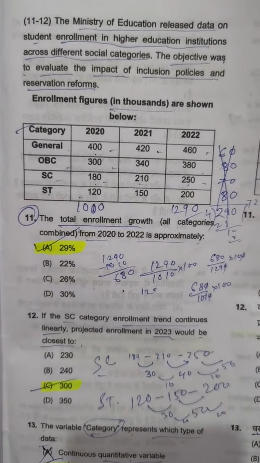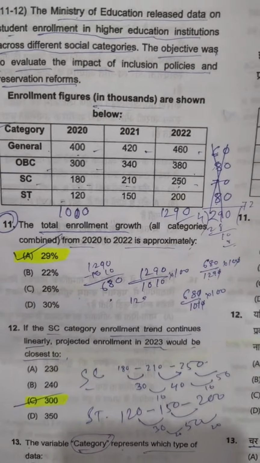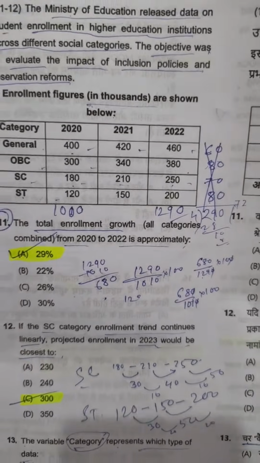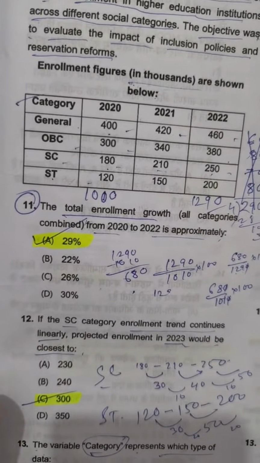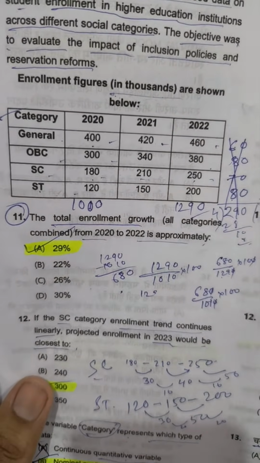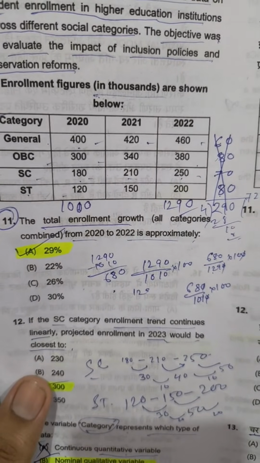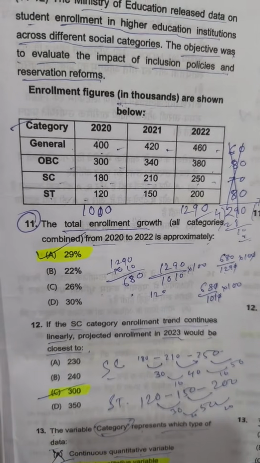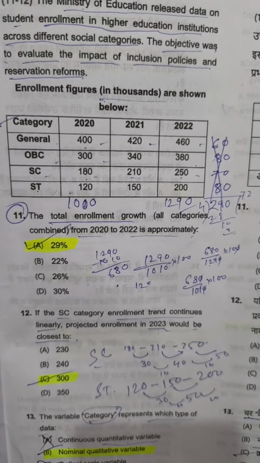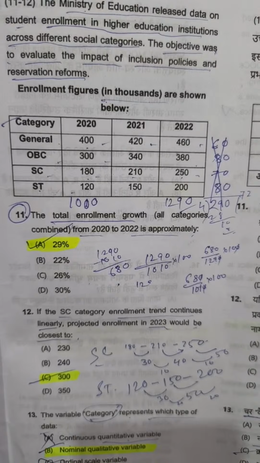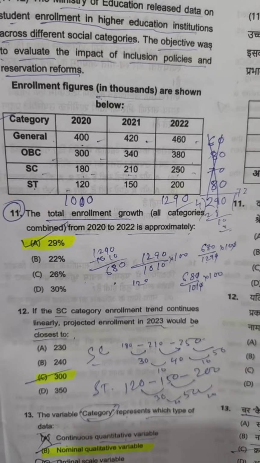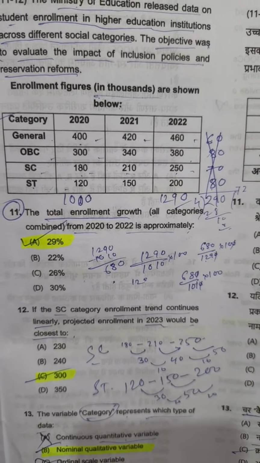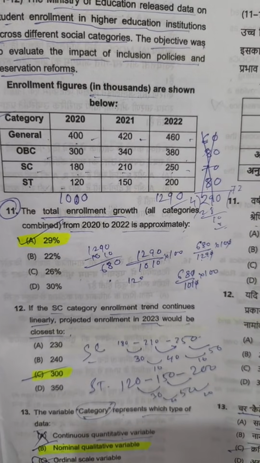You can see the chart given here, and in the chart, General, OBC and SC/ST students are given below, and their enrollment growth is given below. Here is the question: the total enrollment growth, all categories combined, from 2020 to 2022 approximately. So the answer will be 29%.